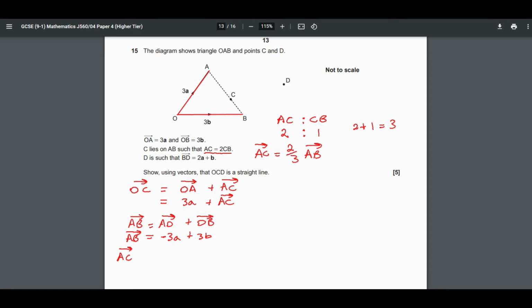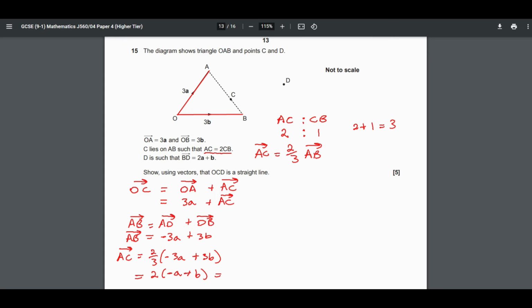So AC is equal to 2/3 of the line AB, which is minus 3a plus 3b when you put that in. Now, because we have 2 over 3, we have the 3 at the bottom. This allows us to divide everything by 3 inside the brackets. So we're now left with 2 times minus a plus b.